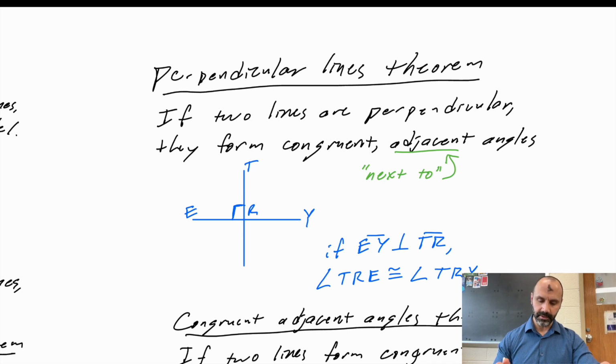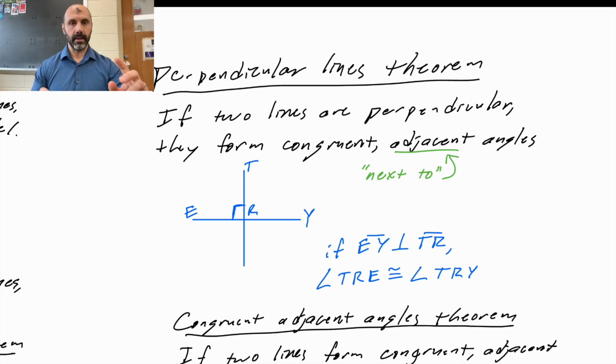Now, perpendicular lines theorem. Whenever we have two lines that are perpendicular to each other, what that means then is that we form angles that are next to each other, that are adjacent. Adjacent means next to. The angles that are next to each other are congruent. So, TR and EY are perpendicular to each other.